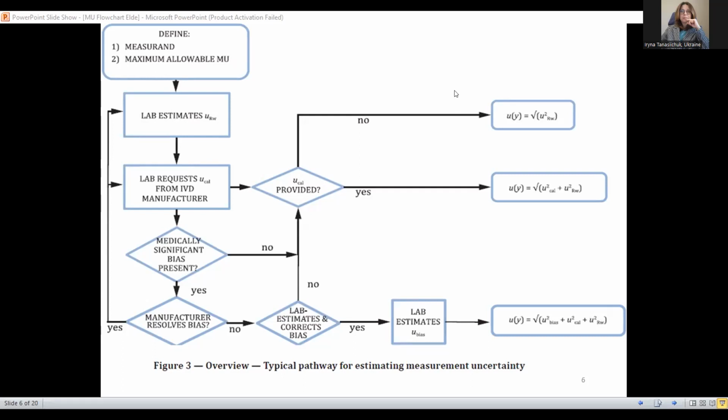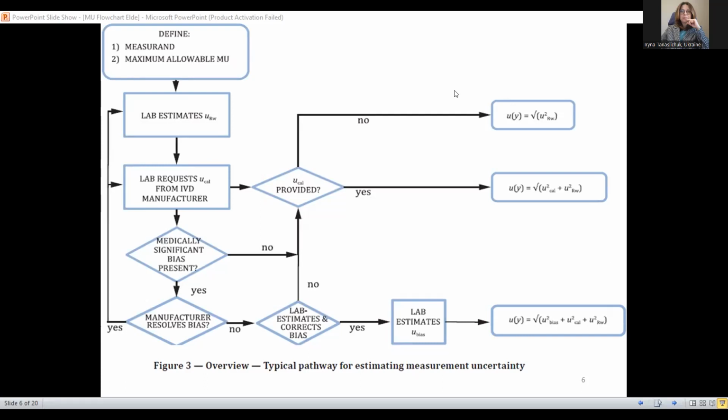Irina, please, your hand is up. Go ahead, ma'am. Thank you very much for your explanation. I really appreciate it, but I still have a question. I'm a little bit confused. My question is, when can we have a situation with medically significant bias present? After all, we verified the method and we should not have a large bias.